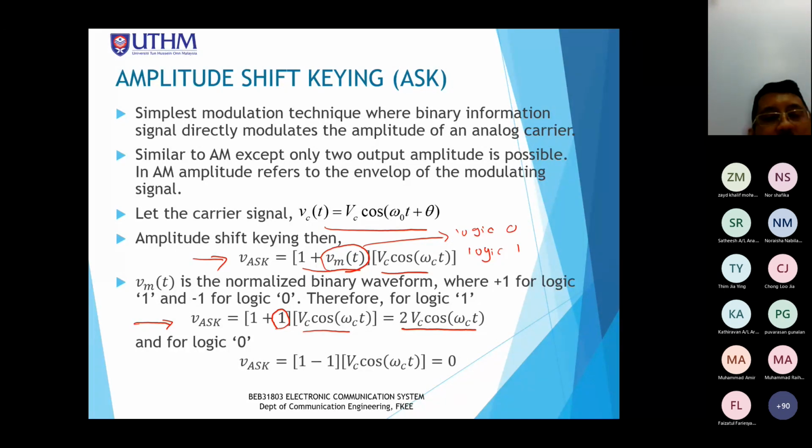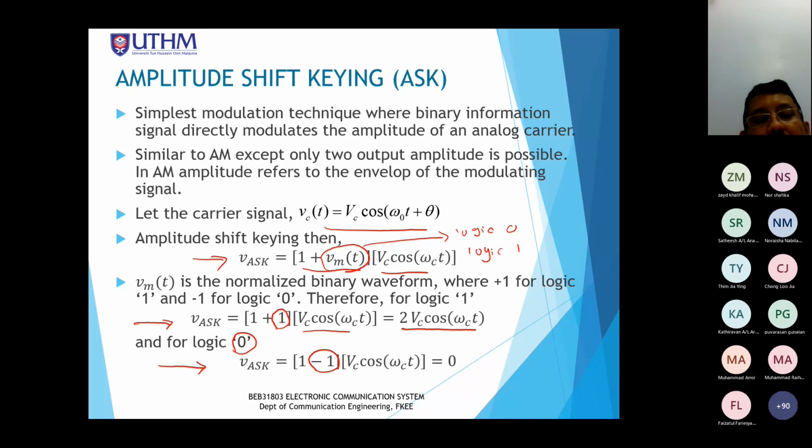And if the input is logic 0, that means VMT will produce a negative voltage. So this is what we consider as a bipolar input.